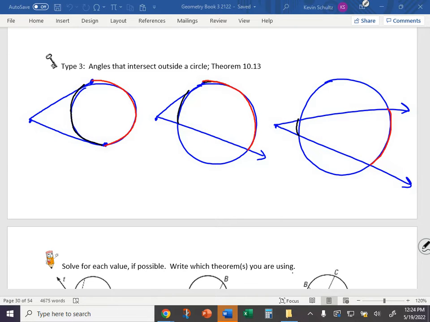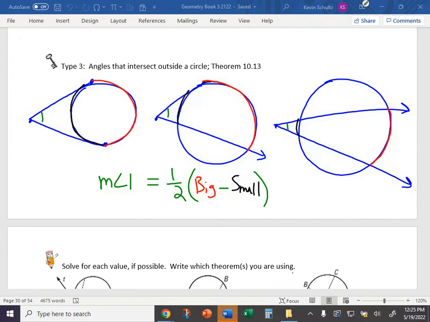And the formula for all of them, the measure of angle 1, which angle 1 we'll put in here, is equal to 1/2 the difference of the big minus the small. 1/2 the difference of the big arc minus the small arc.